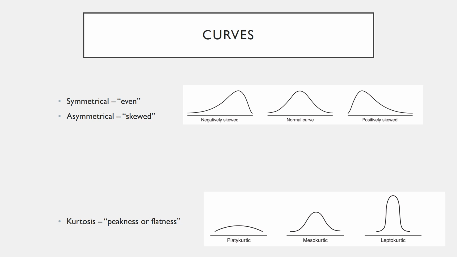Same with a leptokurtic kurtosis. For example, if everybody's just doing super well on an assessment, it may not be an accurate measure of their aptitude for that particular information or achievement in that particular area. It just might be that the assessment's too easy or something like that. So we're looking at both the skew, which is the distribution of data, as well as the kurtosis, which is the peakness or the flatness.